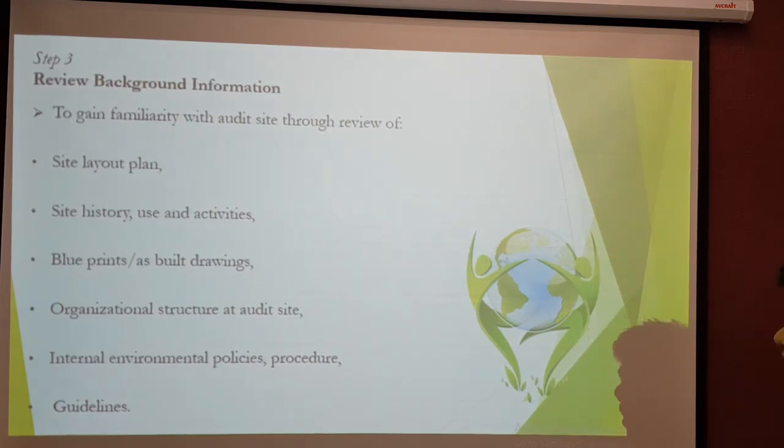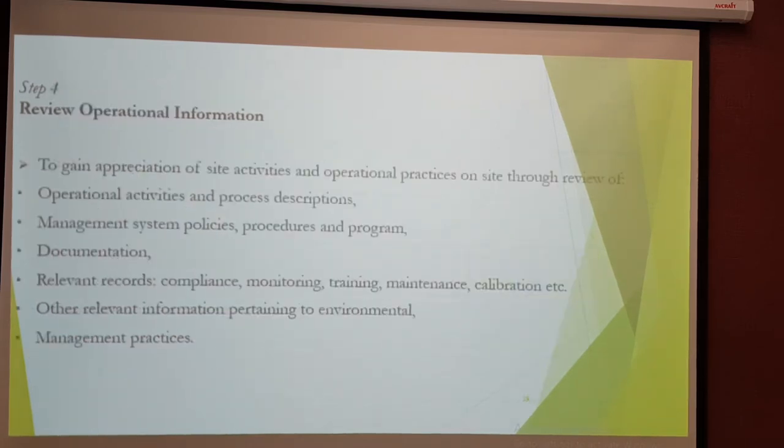Then use of that site, activities at the site, blueprints, drawings, etc. Organization structure at the audit site, internal environmental policies, what the procedures are, what type of guidelines are to be followed. So all these things should be reviewed in step number 3.